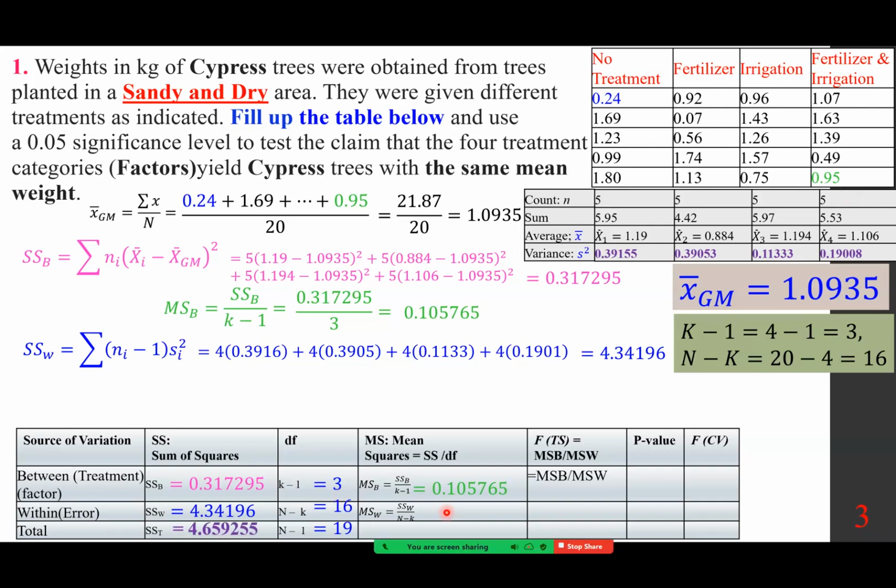By the way, what is sum of total? If you add these two, SST means the total. So sum of total is this number, and it's the sum of those two sums of squares.